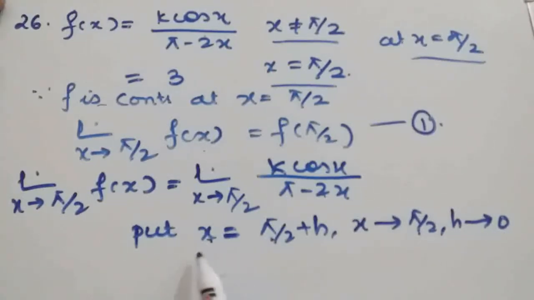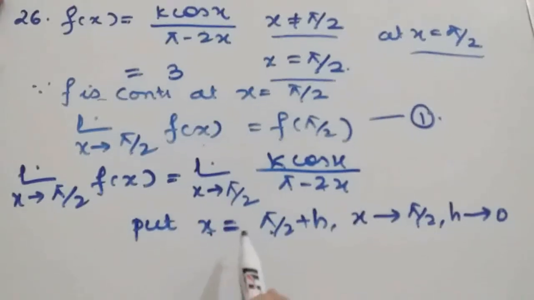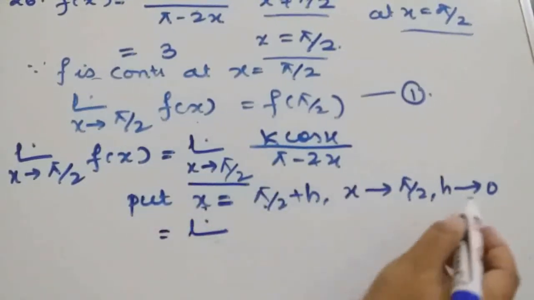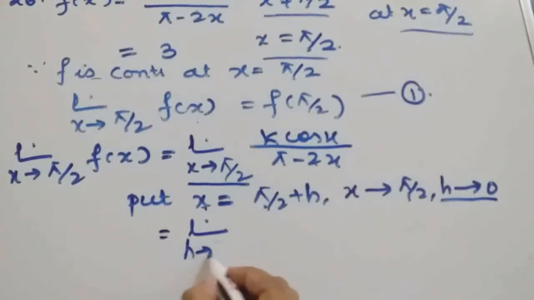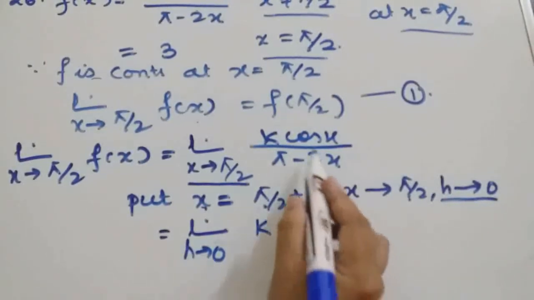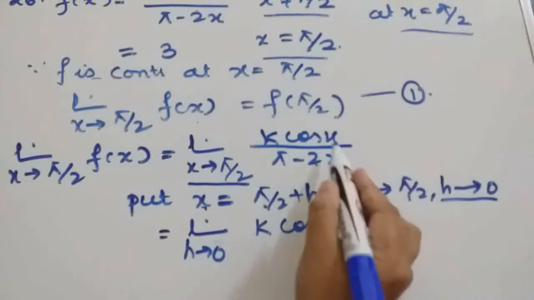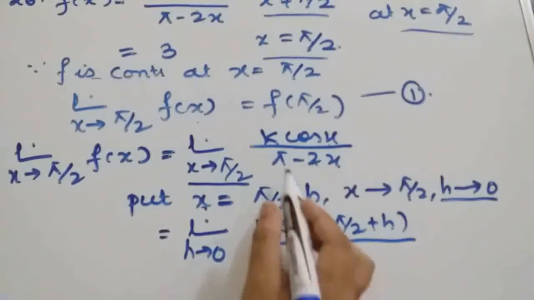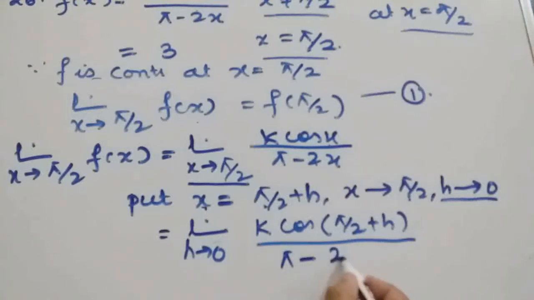Now this substitution we will substitute here in the limit. So in place of x tends to pi by 2, we will substitute h tends to 0. k will be the same. Cos, in place of x we will substitute pi by 2 plus h, divided by pi minus 2 times x, where x is pi by 2 plus h.